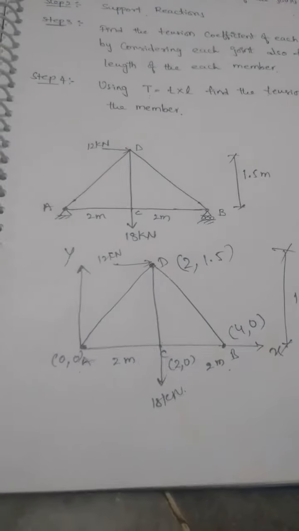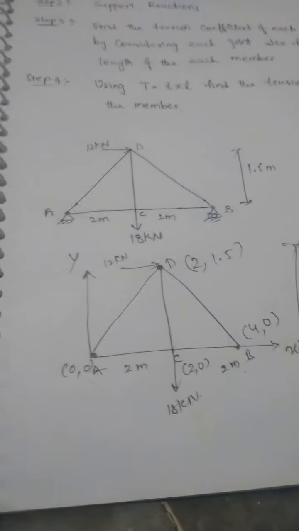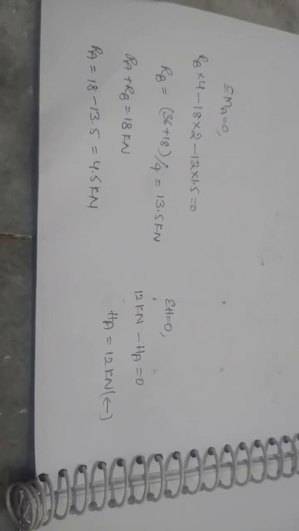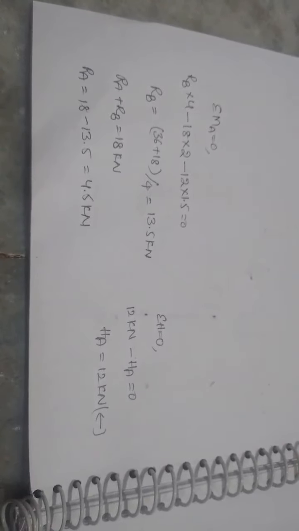And now, same as the earlier process, we have to find the reactions at A and B. I have already calculated the reactions earlier in the method of joints. So here I am taking moment about A equals 0, so RB into 4 minus 18 into 2, and in the same direction, clockwise, minus 12 into 1.5, as the horizontal load's vertical distance is 1.5, equals 0.